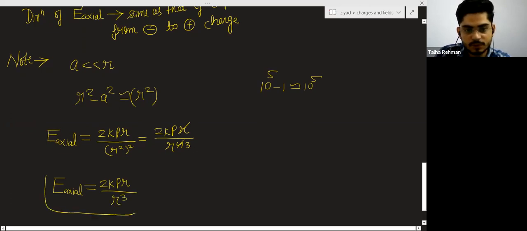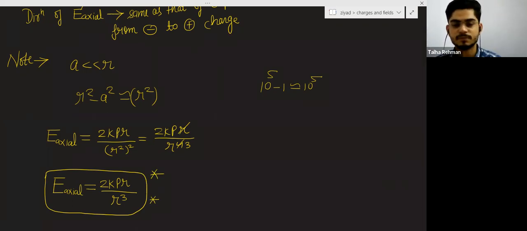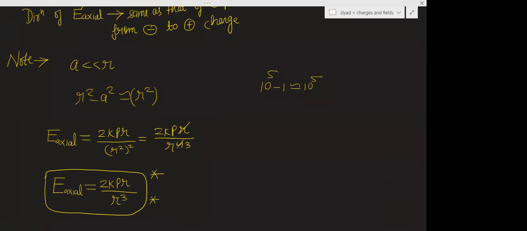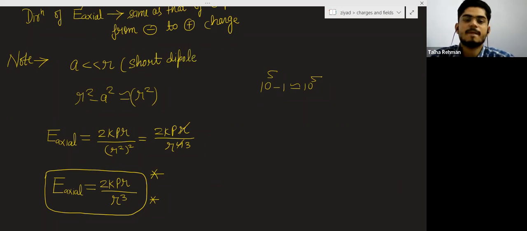This is the formula that you should learn. This is the important formula. And this condition, A very much smaller than R, is for the short dipole, or you can say an ideal dipole.